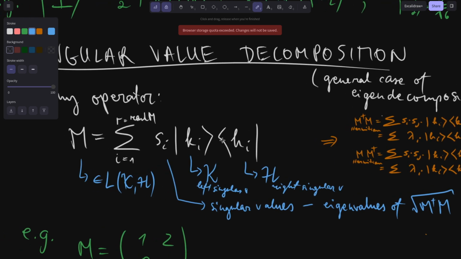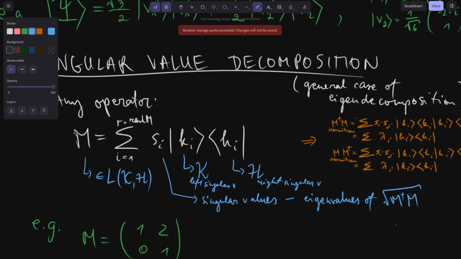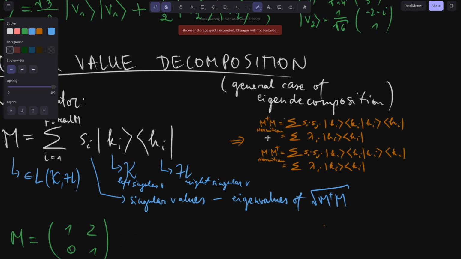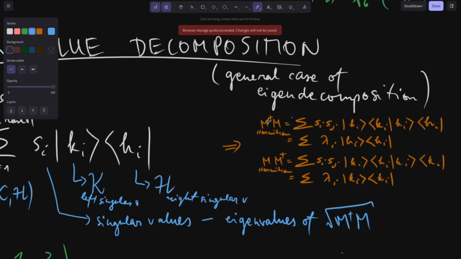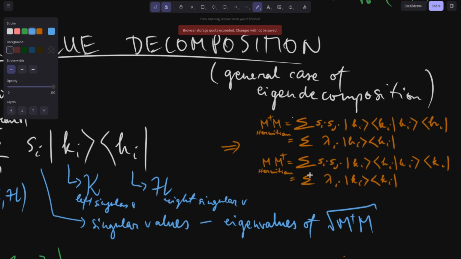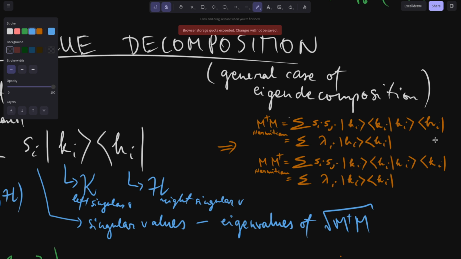So for this definition, we can consider not just M, but M dagger M. If we have this kind of state, it's Hermitian. This is also Hermitian. And if it's Hermitian, then we can expand it by eigendecomposition, right?